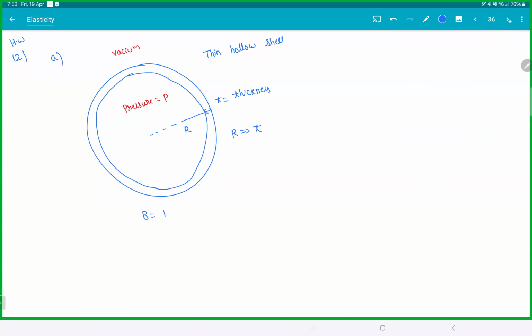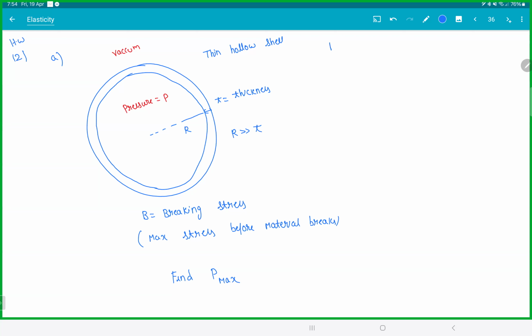If B is the breaking stress, meaning if you exceed this value, the shell will crack. Basically the maximum stress before the shell cracks. Find the maximum pressure before the shell cracks. Find P max.